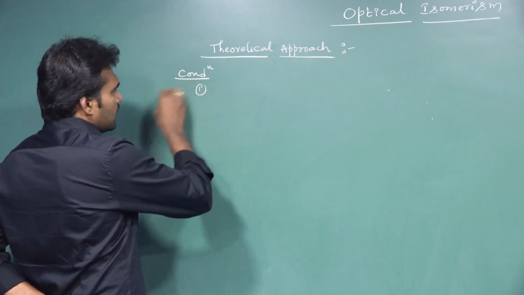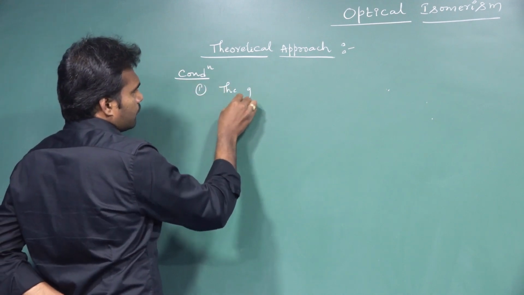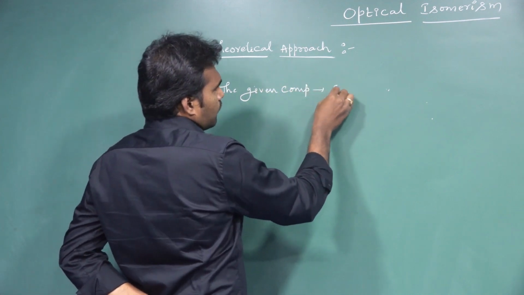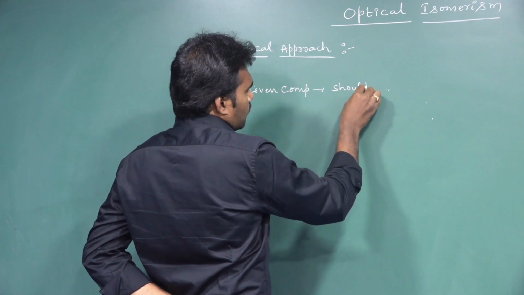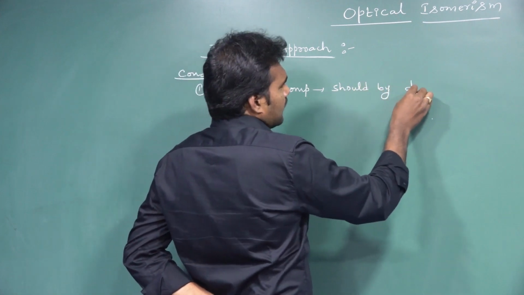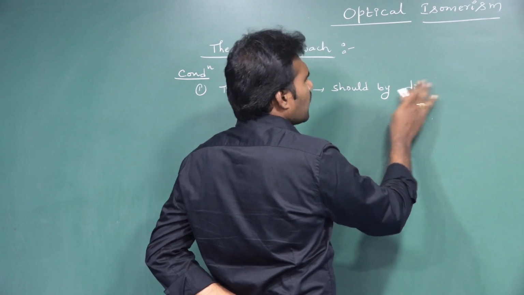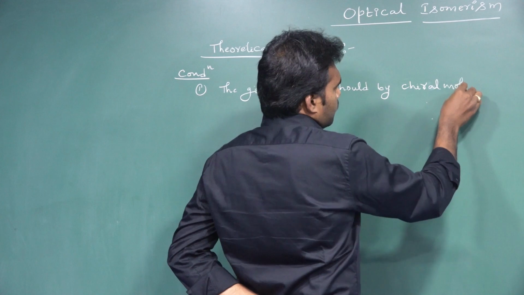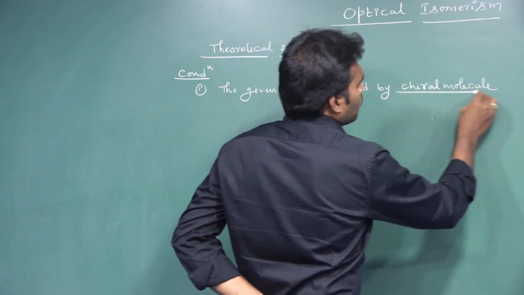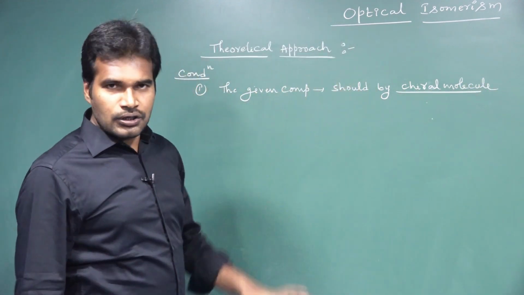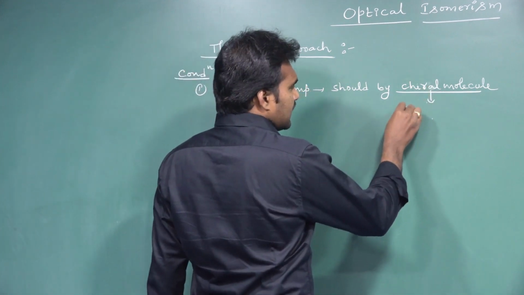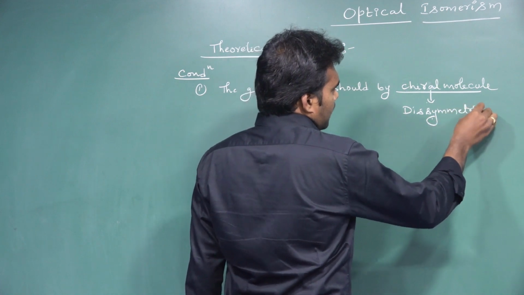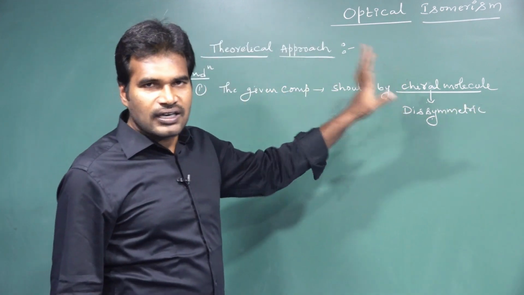The first condition is the given compound should be dissymmetric, should be a chiral molecule. When can we call it a chiral molecule? When the molecule is dissymmetric, then we call that molecule a chiral molecule.